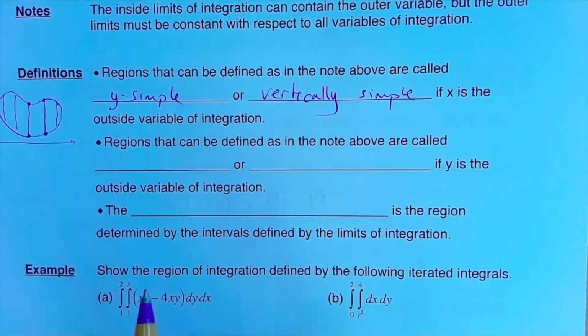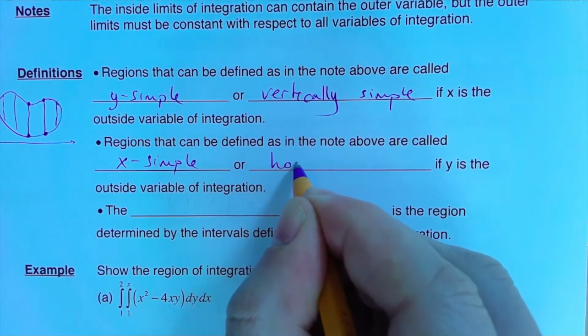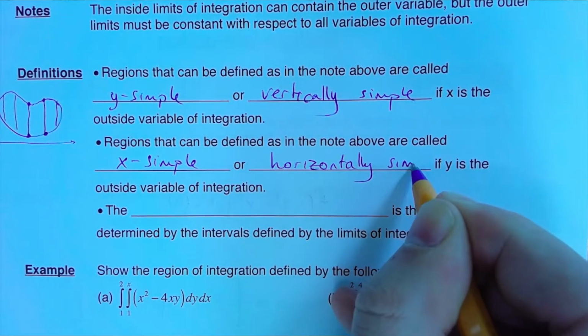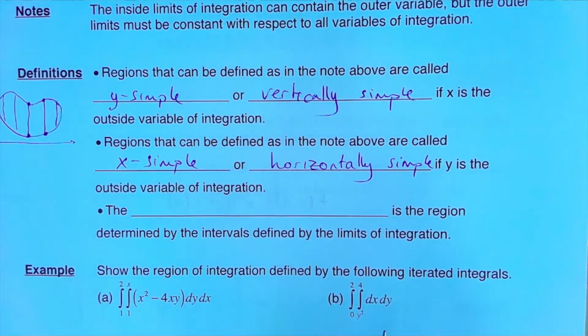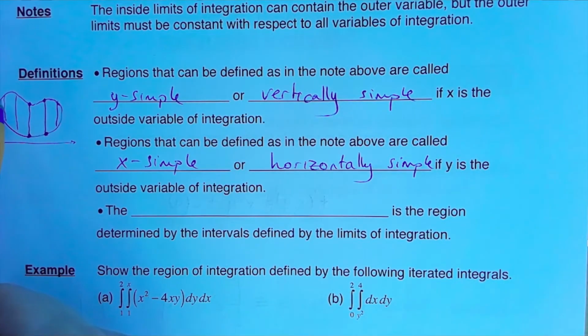And regions that can be defined as in the note above are called x-simple or horizontally simple if y is the outside variable. So this example here is not x-simple because it's really hard to integrate horizontally. We would have to go from here to there and then jump and then from here to there again.